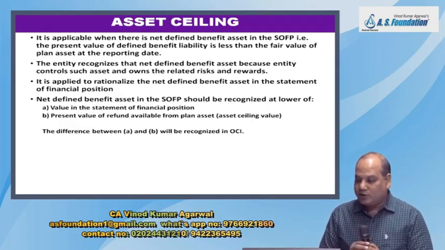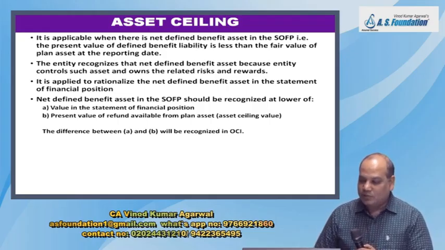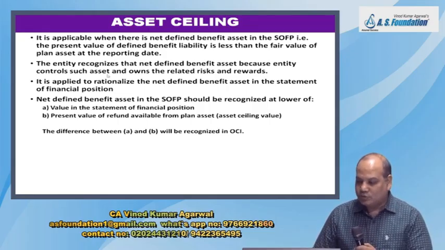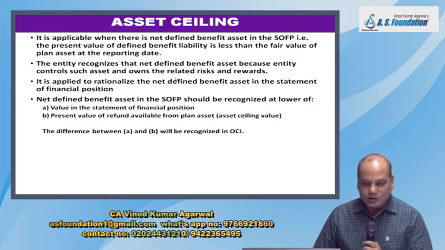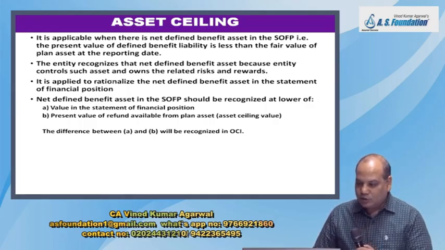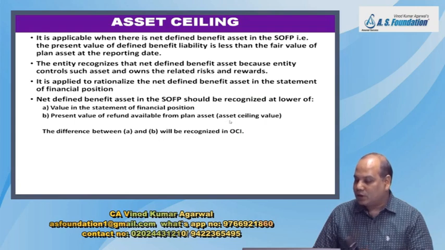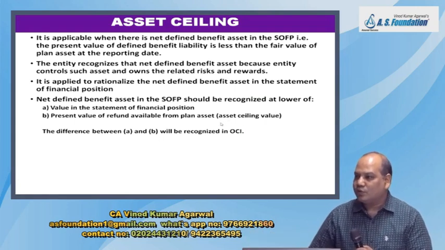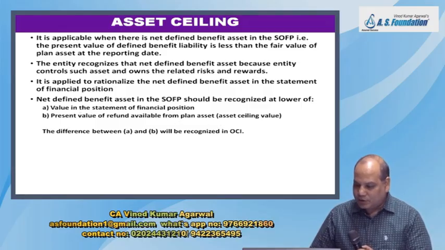Now in that case, the standard applies prudence. How much maximum asset can be shown is limited to the asset ceiling. And what do you mean by asset ceiling? The asset ceiling is the present value of refund available from plan asset or any reduction allowed in future contributions. So we will take first the value in the statement of financial position, meaning asset minus liability.